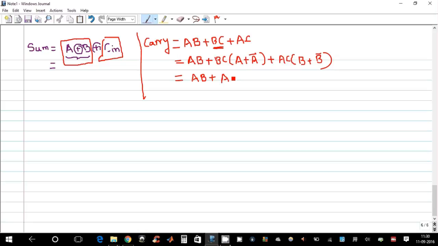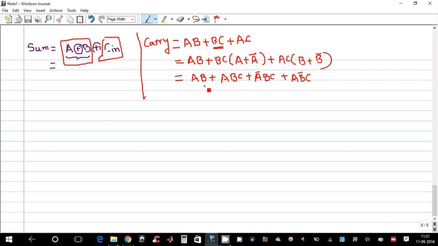BC into A is nothing but ABC, A bar into BC is A bar BC, AC into B is nothing but ABC, as we have written already one time here. 1 plus 1 is anyway 1, so we are not writing it the other time. And AC into B bar is A B bar C.